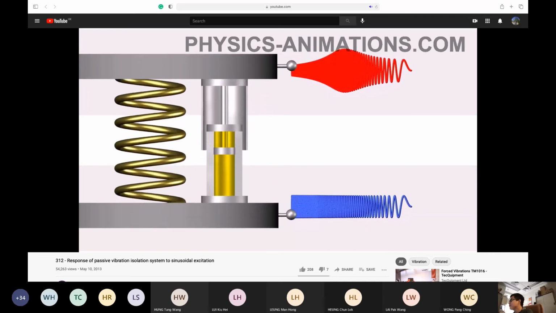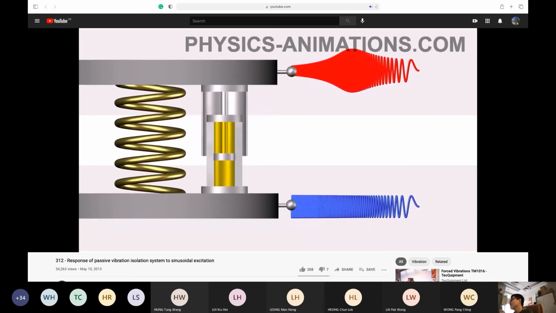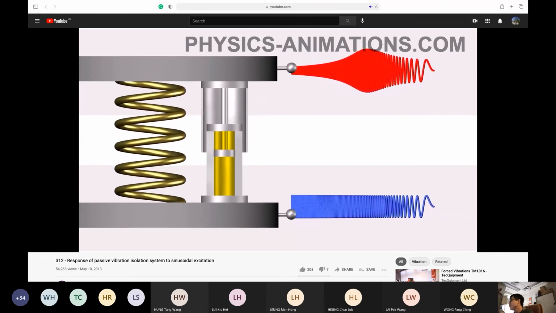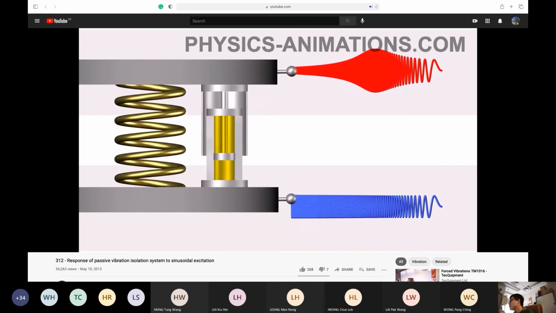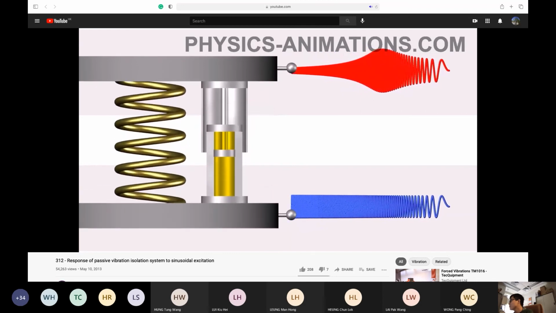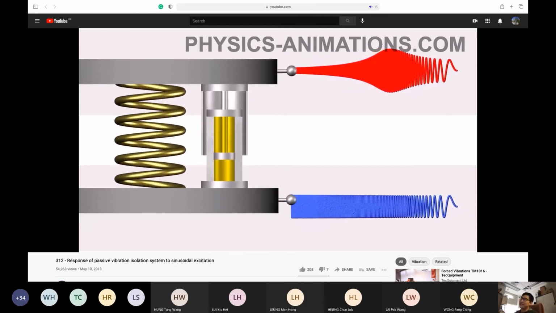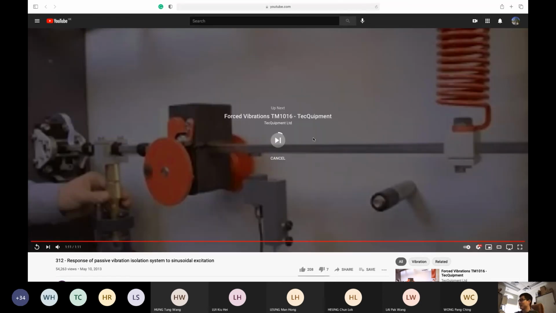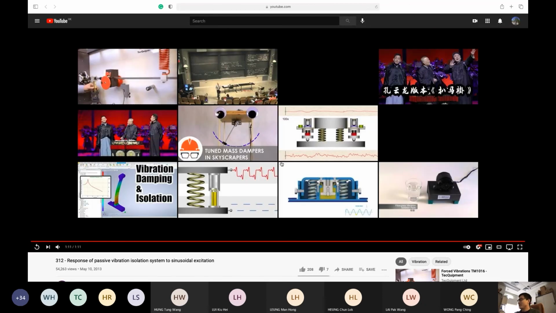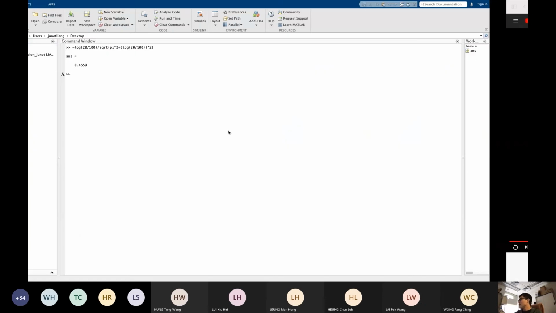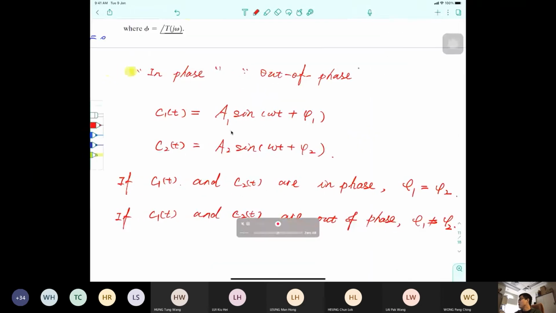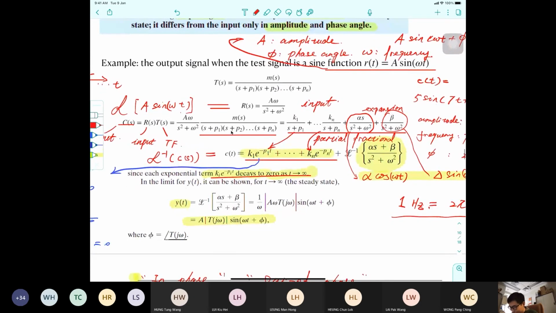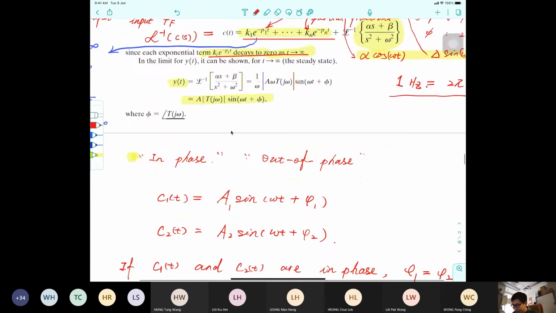Output will be smaller and smaller, right? 当然，极限情况下，当这个 omega 无穷大的时候，output 也会变成零。但是那个不是我们研究的。Okay, now we come back here.